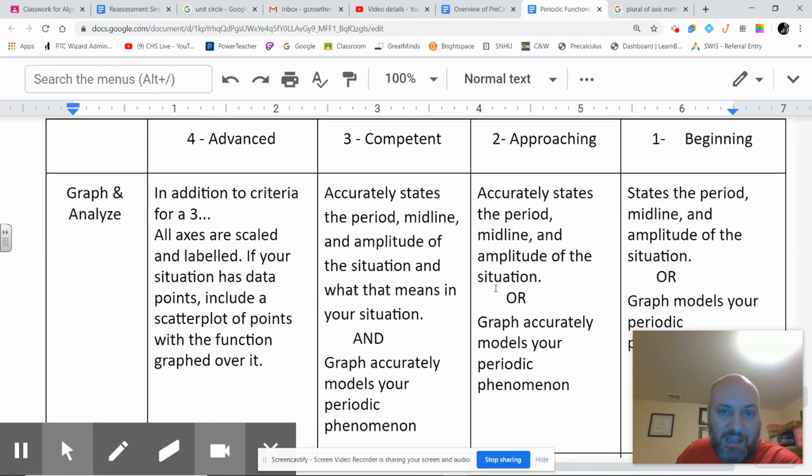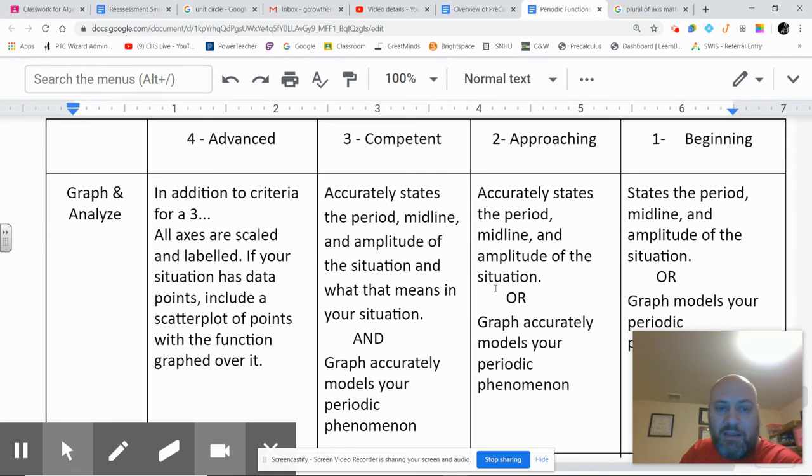So from your past assessment, this is your ability to graph as in question 1, then to identify what each of the points mean as in questions 3 and 4. To get the 4, we have to make sure we have all the attention to precision in there. Your axes are scaled and labeled correctly.